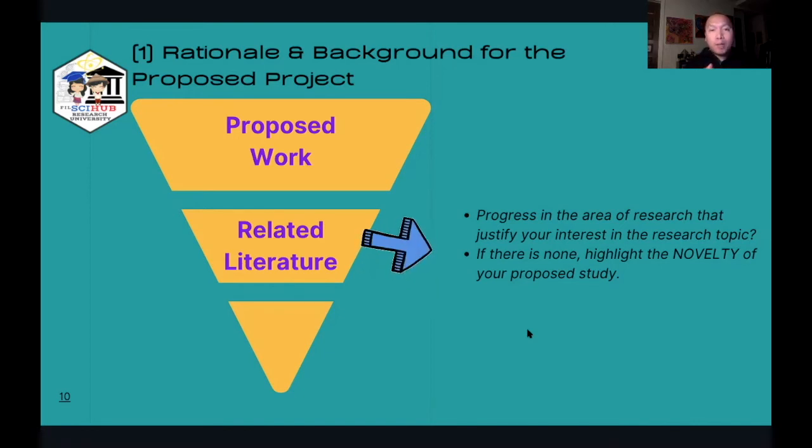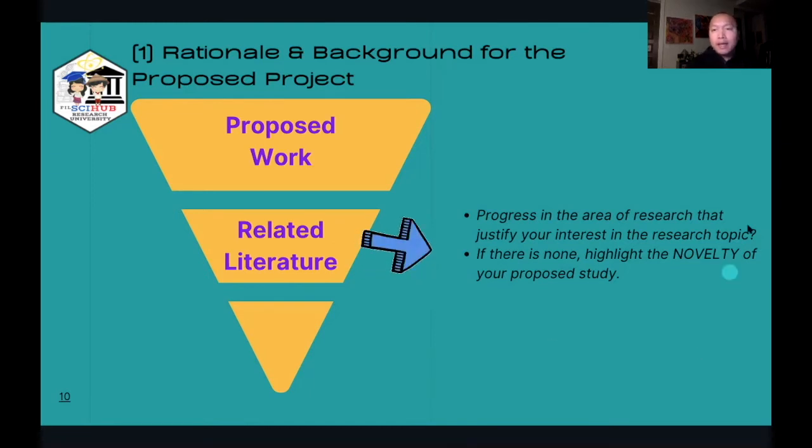So you can really use the review of literature to highlight the importance based on related studies, or you can also cite literature to highlight the novelty, why what you're doing is really new and has never been explored or done before. Again, this will very well reflect the quality of your review of literature.